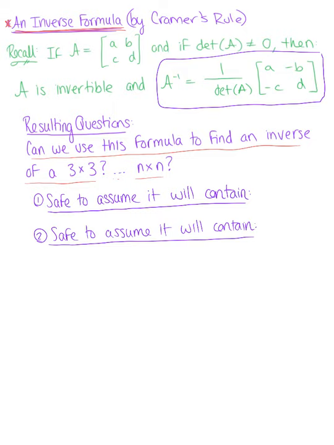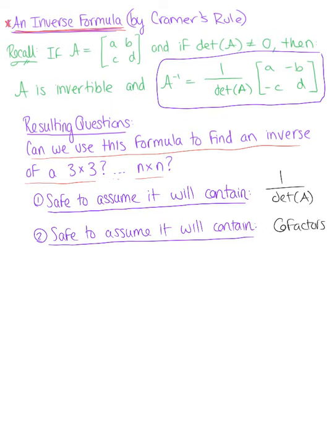We can make a couple of assumptions pretty safely right off the bat. The first is that it's safe to assume that this formula is going to contain 1 over the determinant of A. Now, from our more recent knowledge of the properties of a determinant, it's safe to assume that it's also going to include cofactors.